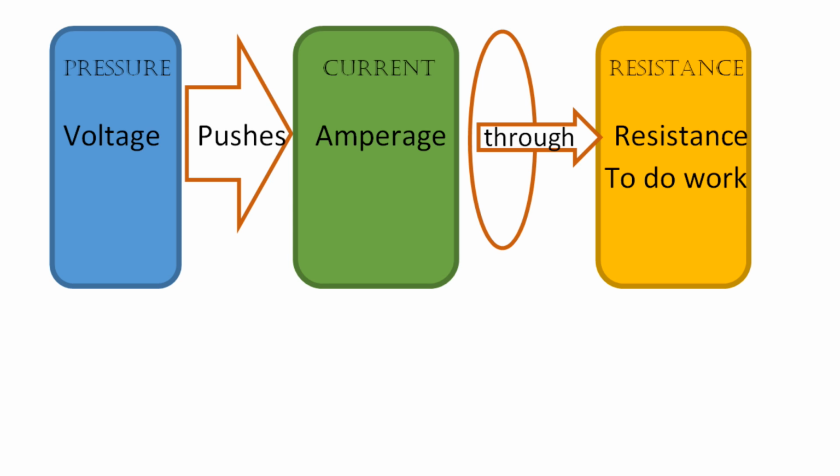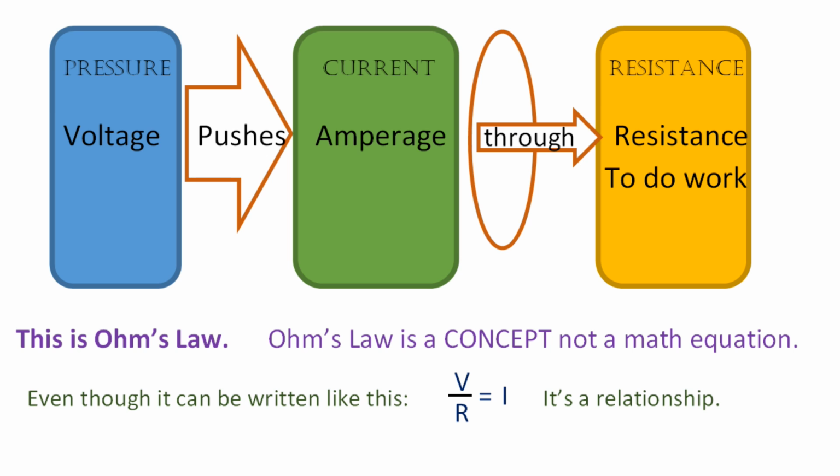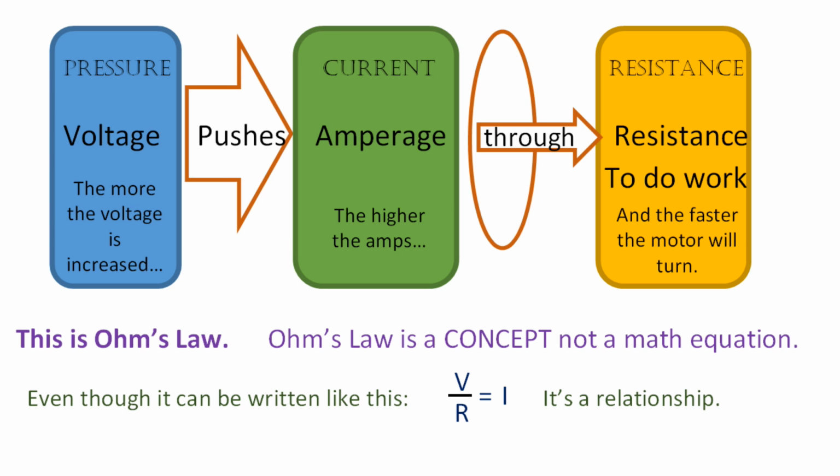This right here is Ohm's law. And contrary to some people's popular belief, Ohm's law is a concept, not a math equation. Even though we write it like that, it's really just a concept. And the concept is, the more the voltage is increased, the more the amps will get higher, and the faster your motor will turn.